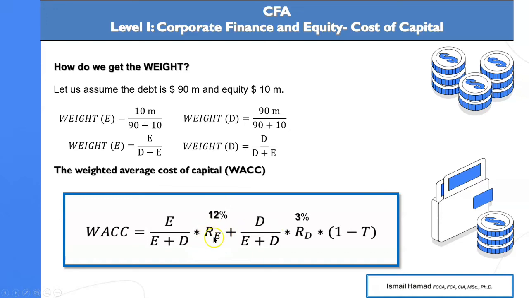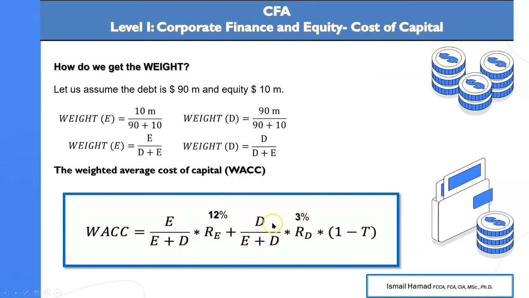Equity dividend payment to the equity holder is not tax deductible, but the 3% interest paid to the debt holder is tax deductible. So I get a benefit of having more debt in the capital structure of the company. So it makes sense.